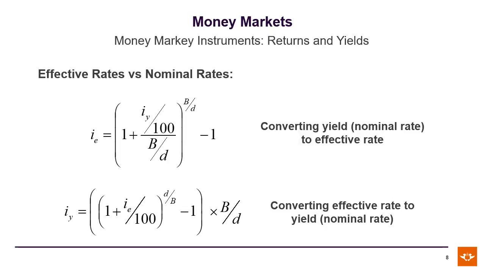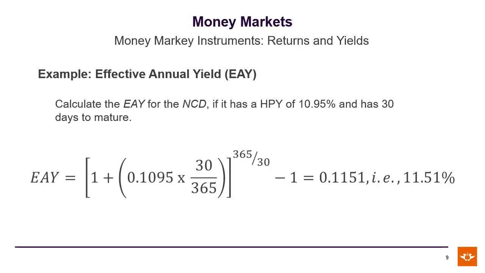So here we're looking at how to convert between effective and nominal. And the effective rates, as I said, can be compared across all different instruments. So here we're calculating the effective annual yield for an NCD with a holding period yield of 10.95% and 30 days to maturity. Our holding period yield is a nominal yield.